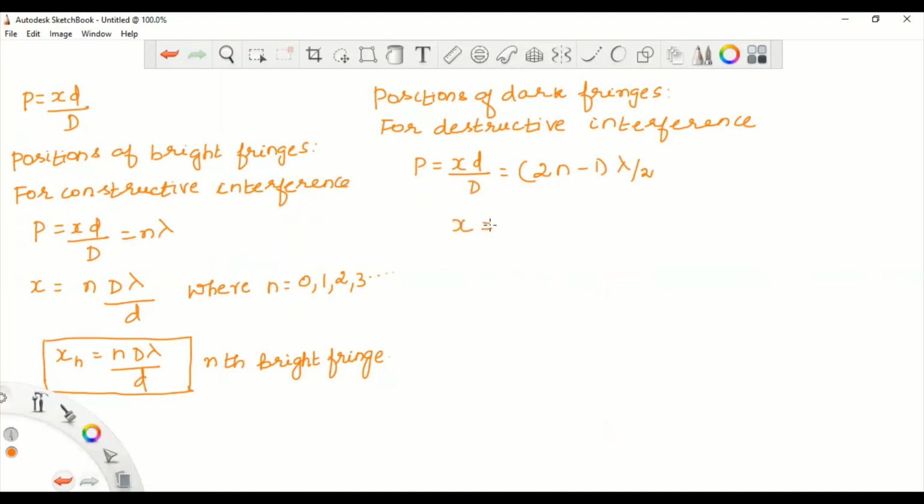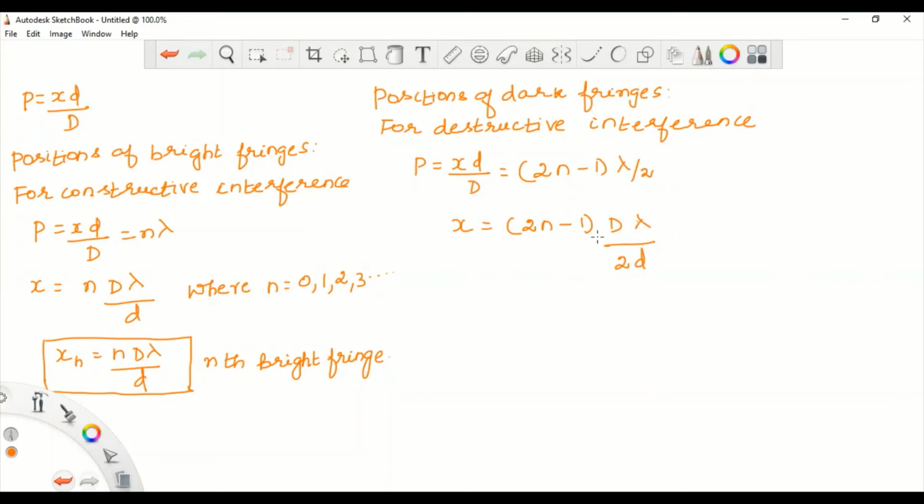So, what is this x? x will become (2n minus 1) D lambda divided by 2d. So this is for destructive interference or for dark fringe.